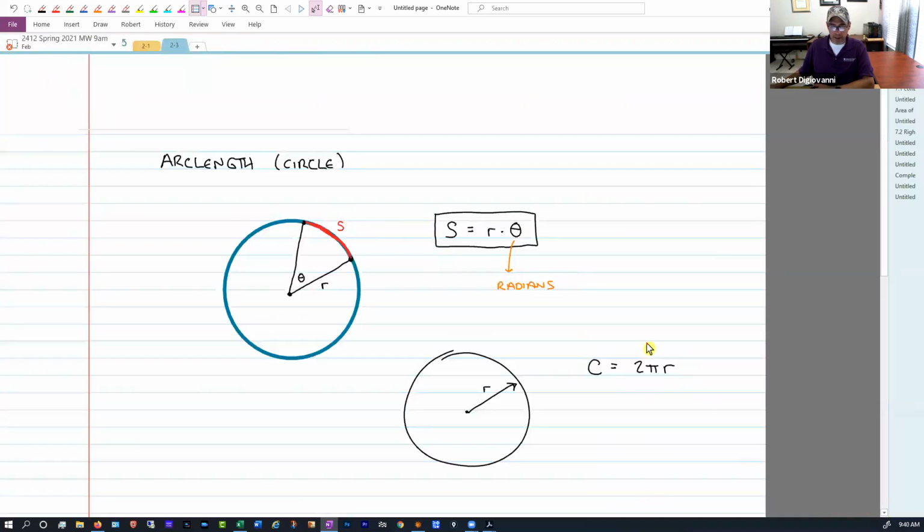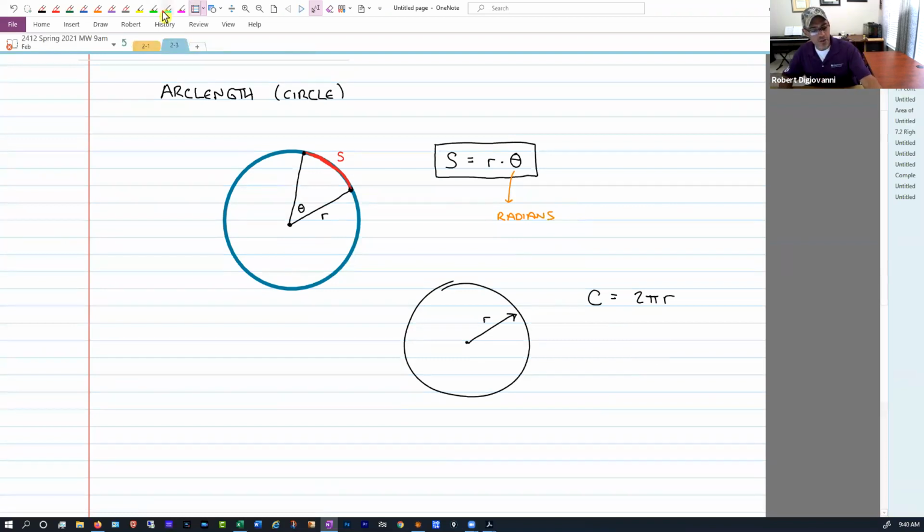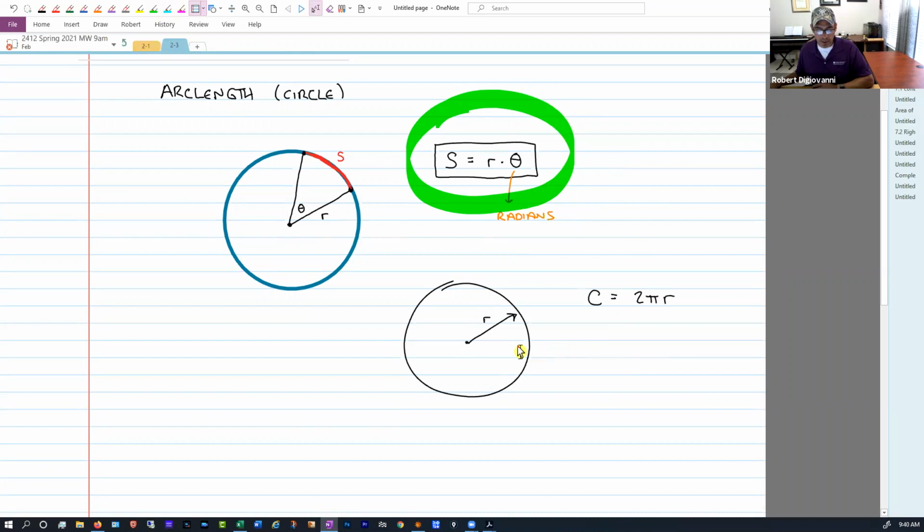So back to this. This should make sense now, but this formula is actually a general formula. If you look at a circle and you want to know the circumference, that means you're starting here and going all the way around, right? That's your S. So what's the angle going all the way around, in radians? 2 pi.